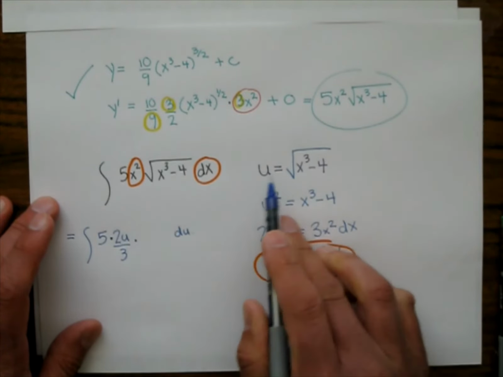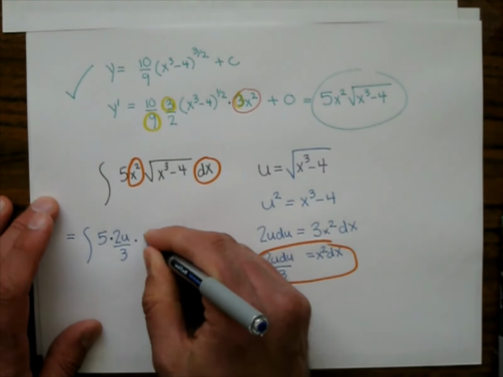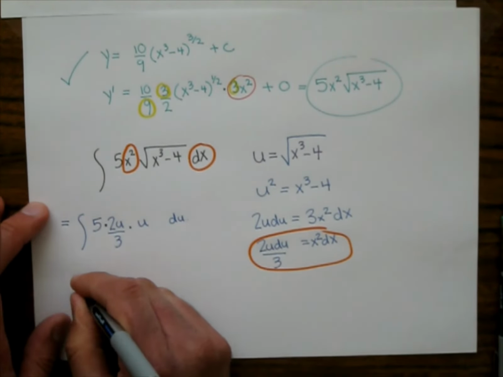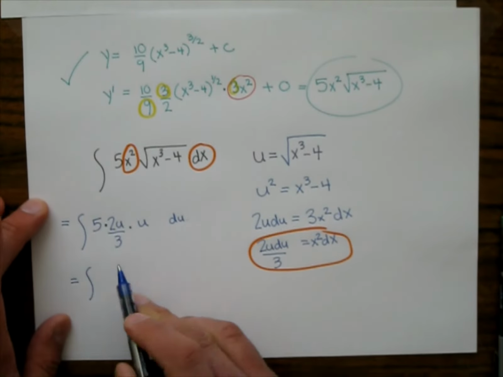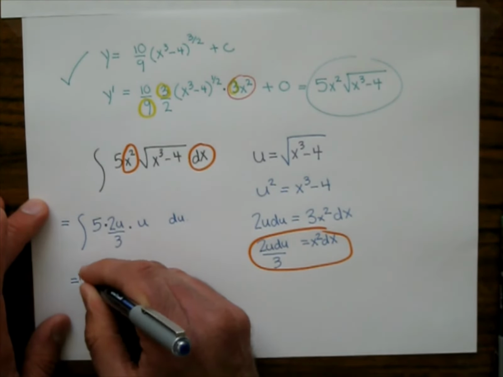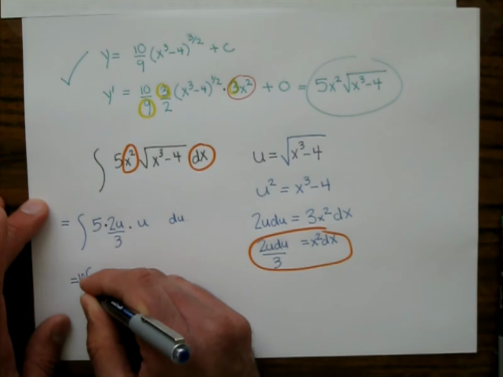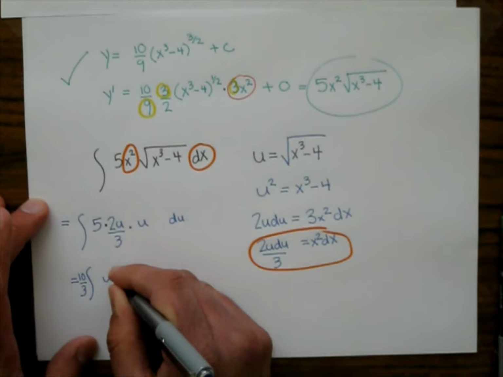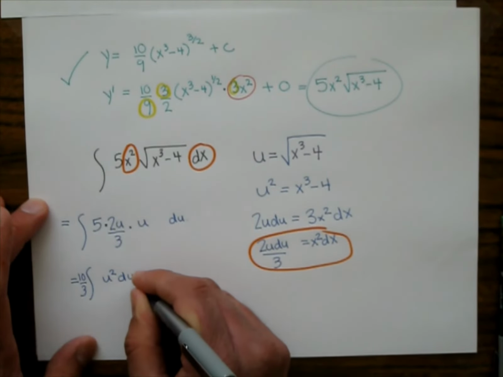It's just a u. So I'm going to pull the numbers out front. This gives me integral 10 thirds of u squared du.